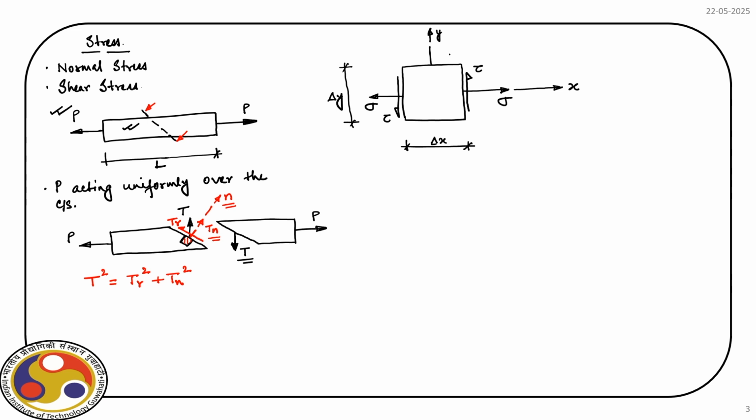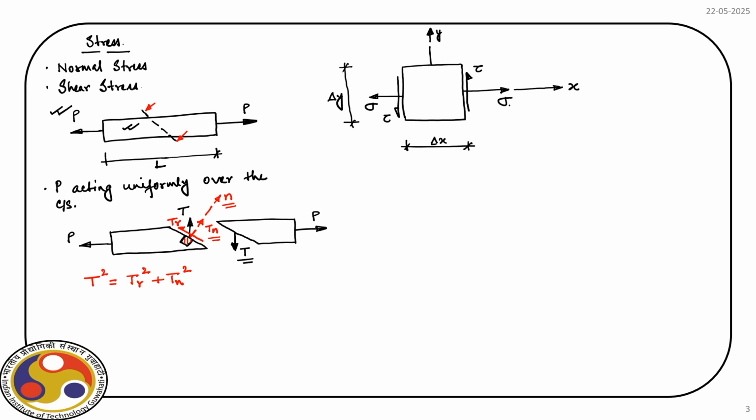We will come to the remaining two faces, but before that let us complete the nomenclature, because when we deal with stress, it has two important aspects. One is the plane over which it is acting. So, if we talk about this sigma, obviously it is acting over a plane which is defined by the normal. So, this is the normal x, right. So, the sigma is acting over x plane.